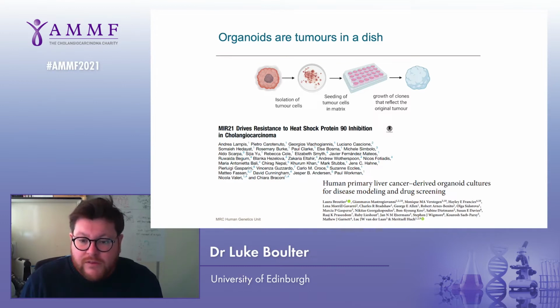This was at the same time when Mary Hutch was also identifying similar organoids from both hepatocellular and cholangiocellular carcinomas. These two papers that I've presented here were big steps forward in translating organoids into a cholangiocarcinoma context.